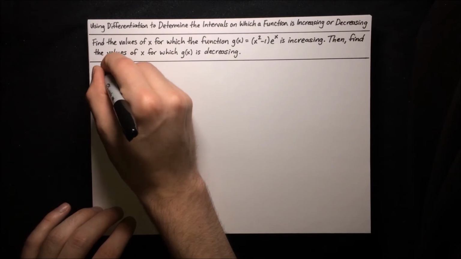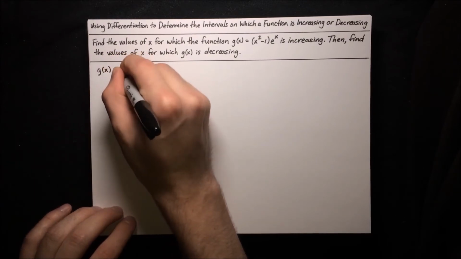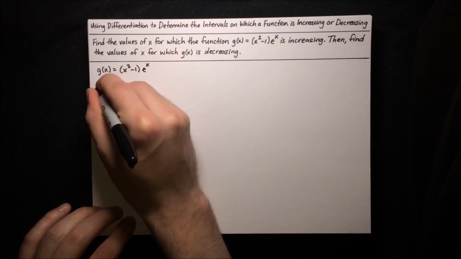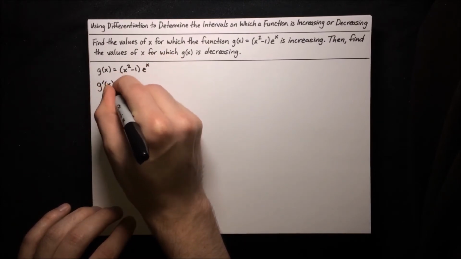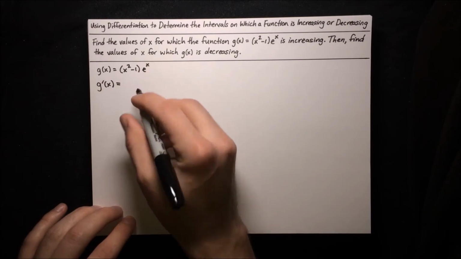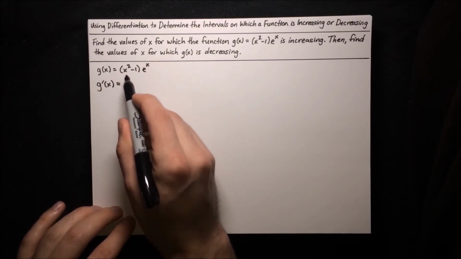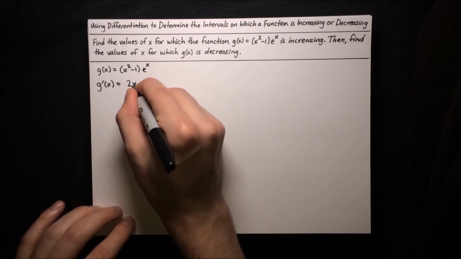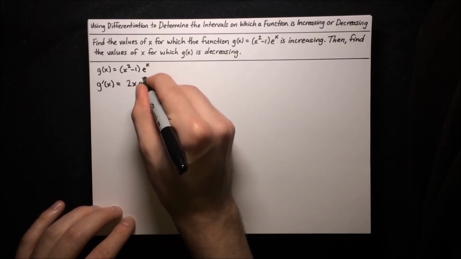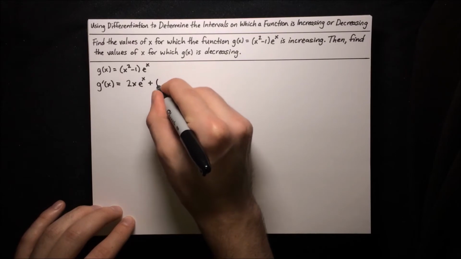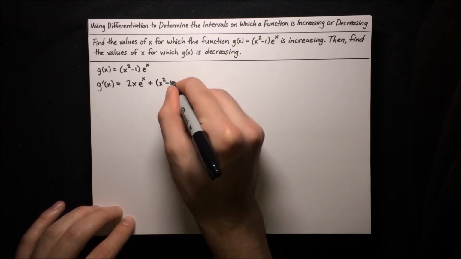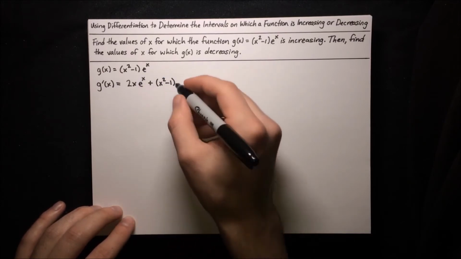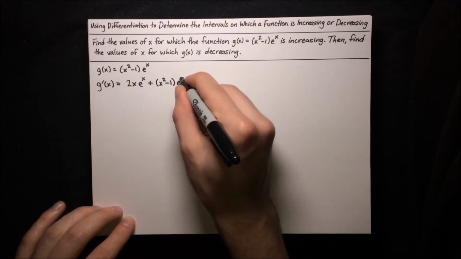Our function is g of x equals x squared minus 1 times e to the x, and we'll take the derivative. G prime of x is equal to, well, we've got to use the product rule, so derivative of this expression here, x squared minus 1, that's 2x, and then times our e to the x, and then plus that expression, x squared minus 1, times the derivative of the second term here, of e to the x, and derivative of e to the x is, well, just e to the x.